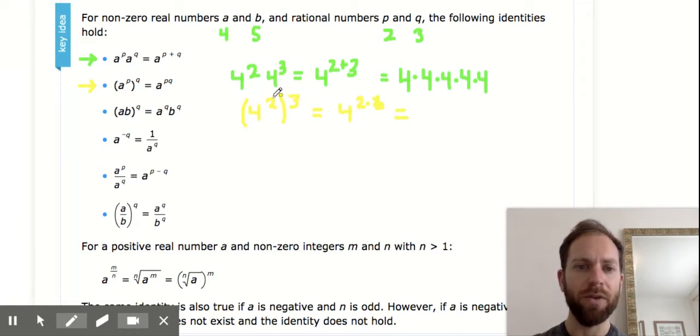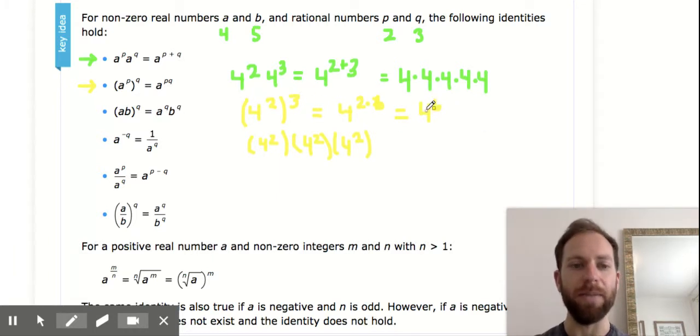When you have a power to another power, you're just multiplying them. So that's the same as 4 to the 6th power, which makes sense because 4 squared to the 3rd power is like writing 4 squared 3 times: 4 squared times 4 squared times 4 squared. That ends up being 4 times 4 six times, because 2 and 2 and 2. So when you have a power to another power, you multiply those powers and keep the same base.